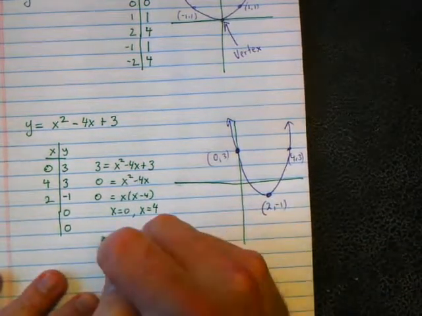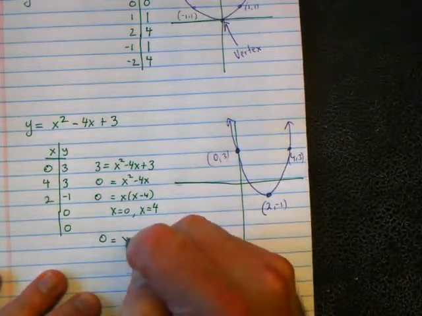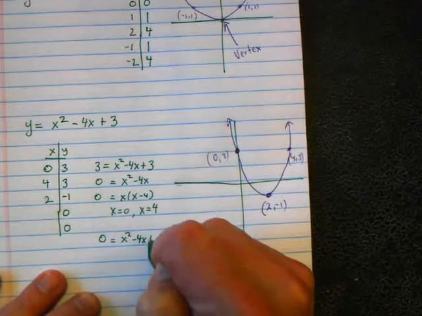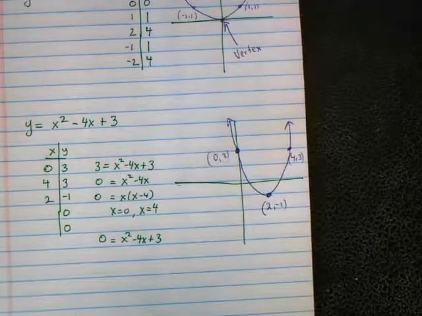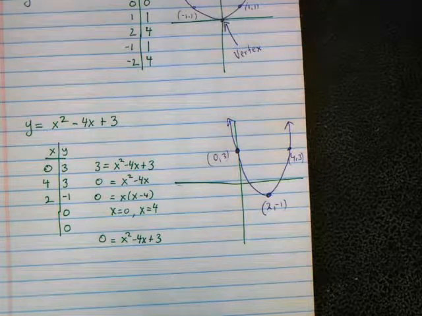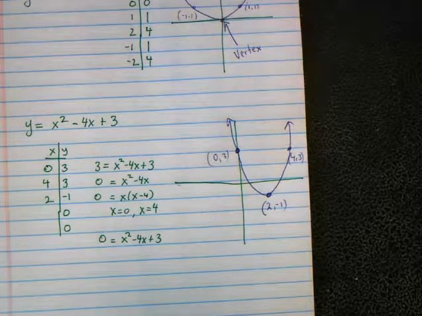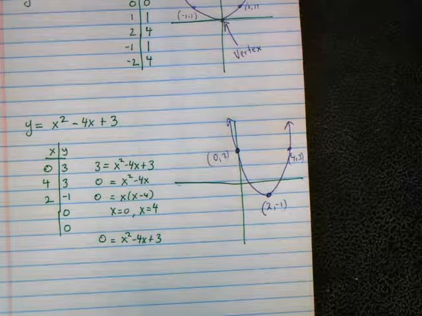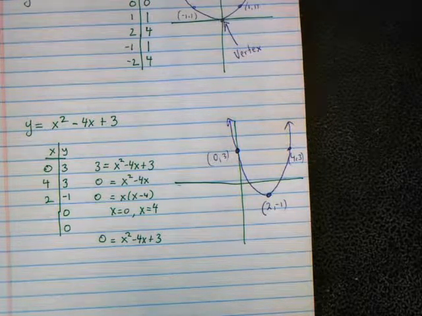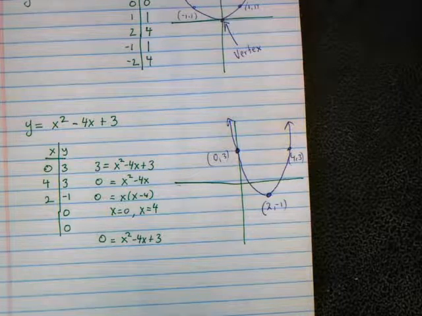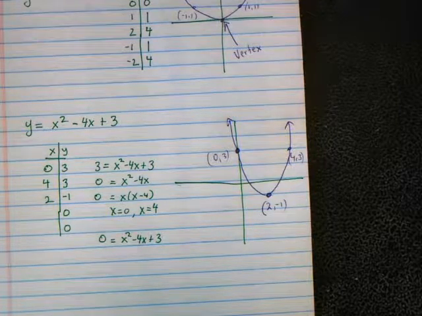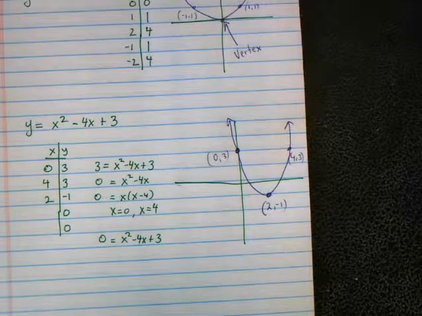All right, so I have 0 equals x squared minus 4x plus 3. And now you need to decide how you want to solve that equation. You can factor, you can complete the square, you can use the quadratic formula. You can also use your calculator. Of all those options, I think I would factor because I think factoring is the quickest and easiest one.